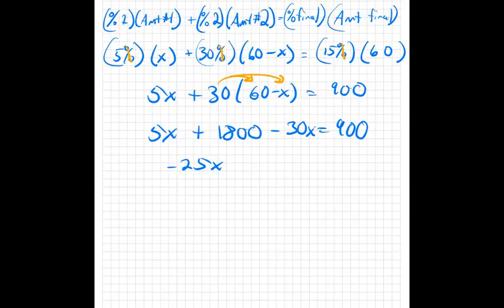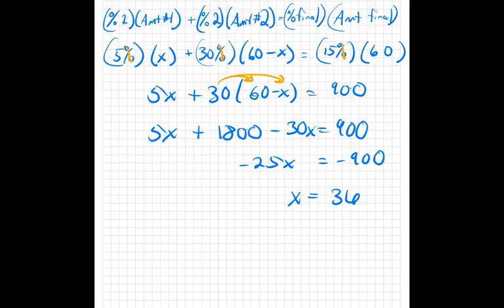If we move the 1800 to the other side, 900 minus 1800 is what? Negative 900? Divide both sides by negative 25. X equals, so 4 times 9 is 36. Okay, I think that's okay.